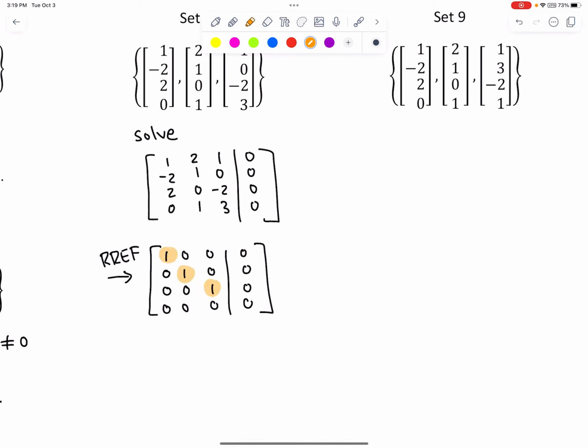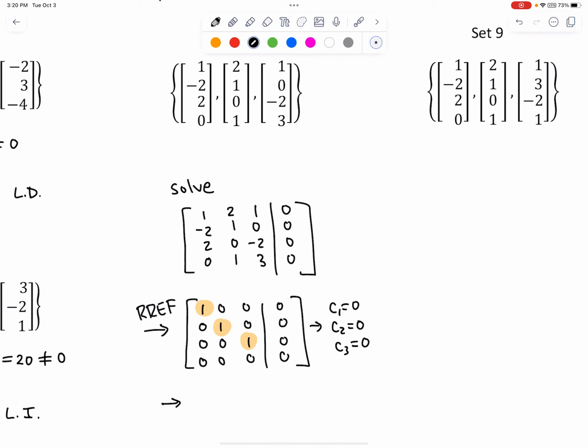There's 3 pivots, 1 per column. These first 3 columns represent the coefficients of C1, C2, and C3. So this suggests that C1 has to be 0, C2 has to be 0, and C3 has to be 0. So this is only the trivial solution, and when that occurs, it means that the vectors that form the columns of the coefficient matrix must be linearly independent.